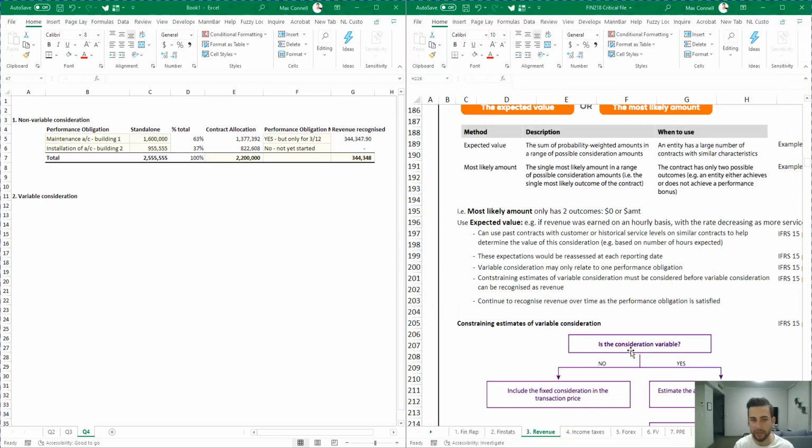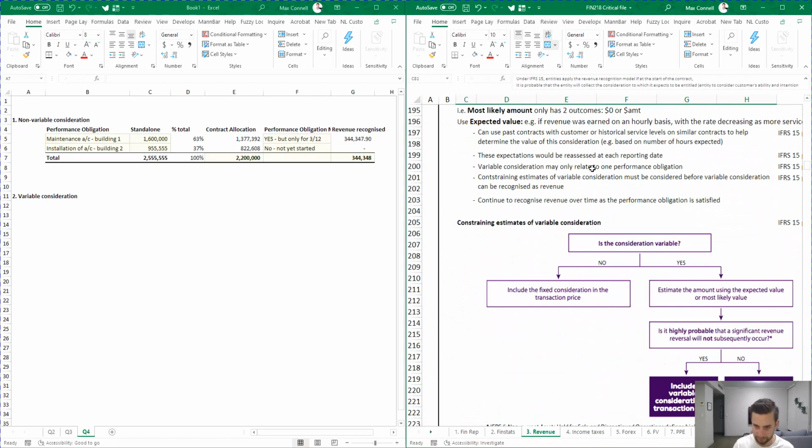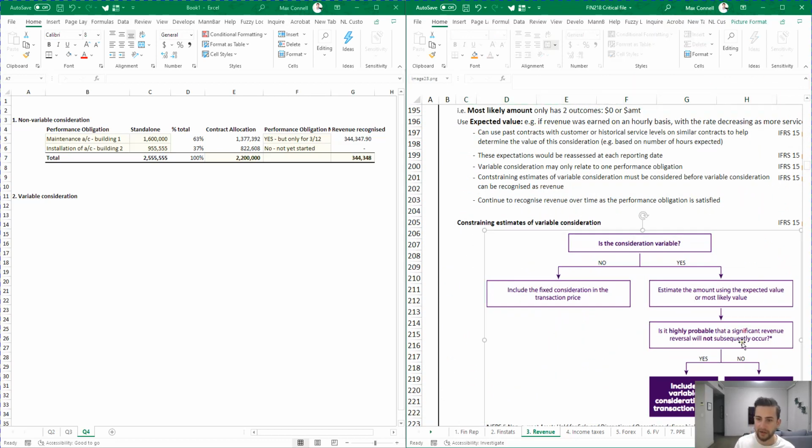The next point is IFRS 15 requires the person making the assessment to be constraining in their use of variables. What that means is basically being conservative, and also considering whether it's probable that a significant revenue reversal will not subsequently occur.